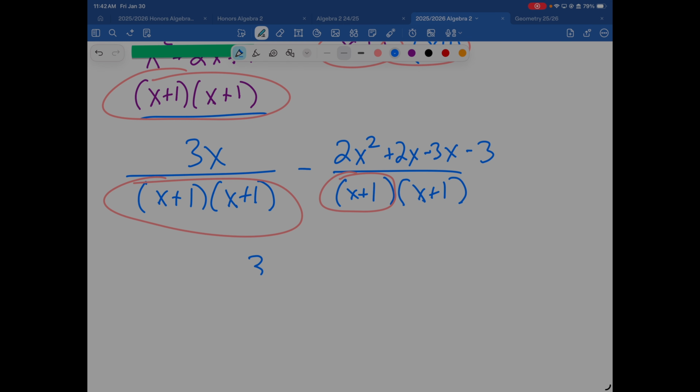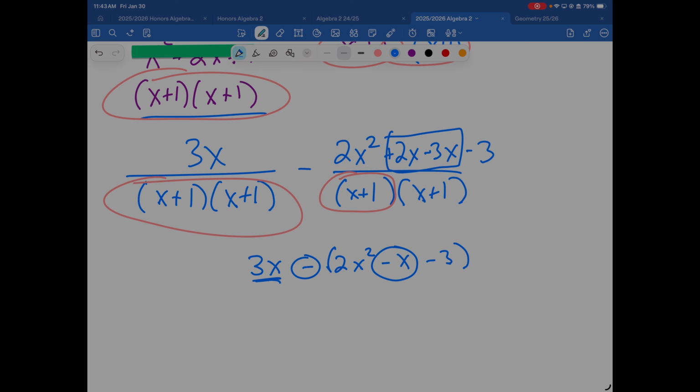So I'm just going to look at the numerator. So that's 3x minus 2x squared minus x minus 3. If I fix that part, it's minus x. So now I've got 3x minus another x.